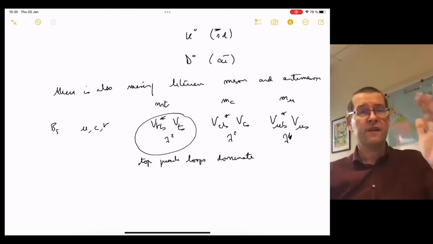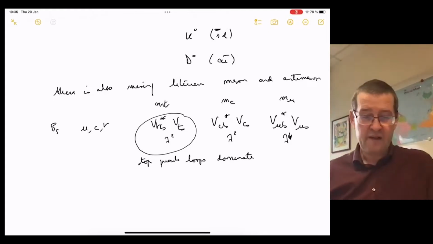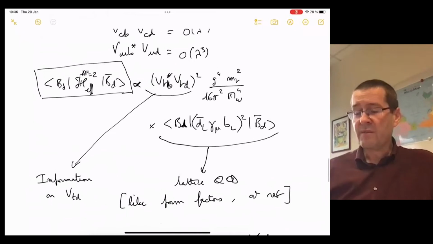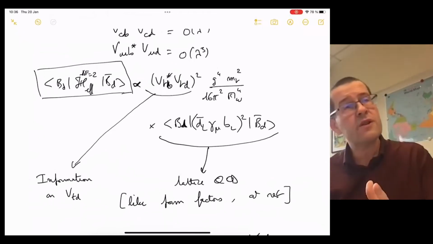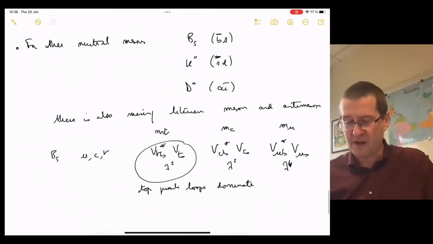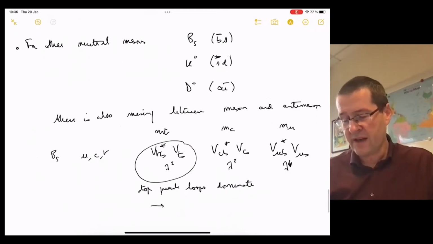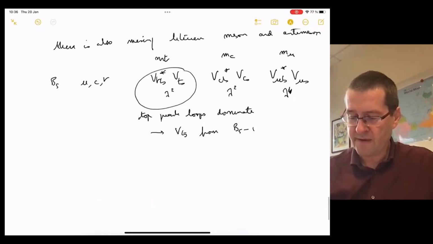And so same discussion as before. You just change the D with an S in the previous expressions. And so BD mixing can give you information on V_td in the same way we have hopes, and actually we are able to get information on V_ts from BS bar mixing.